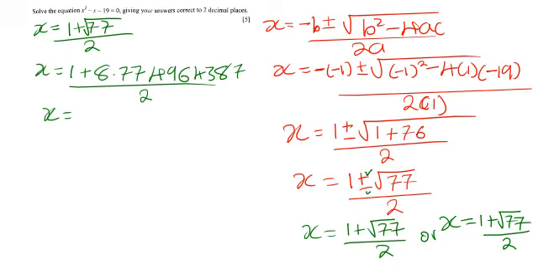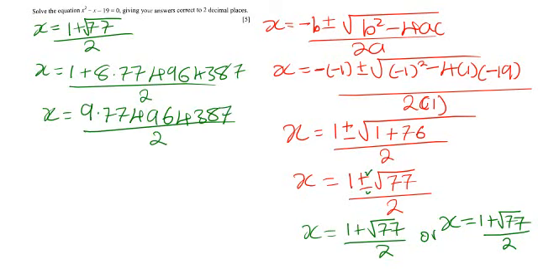Now we add the 1, so when you say 1 plus 8.774964387, you are going to get 9.774964387, everything divided by 2. Now you divide 9.77496438 by 2.